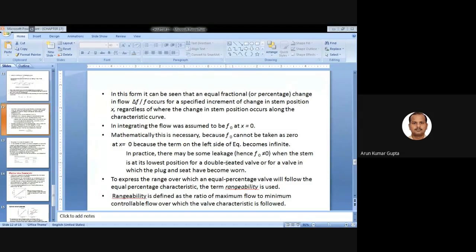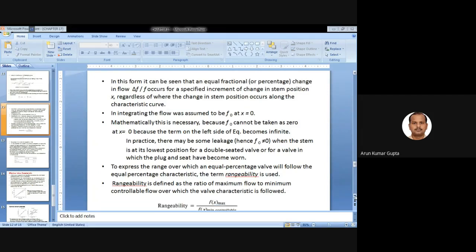If you want to keep the leakage at 0, we can use a double seated valve, in which the plug and seat make a tight seal. If you want the particular condition at x equal to 0, f equal to 0, flow equal to 0, then you have to use a double seated valve.